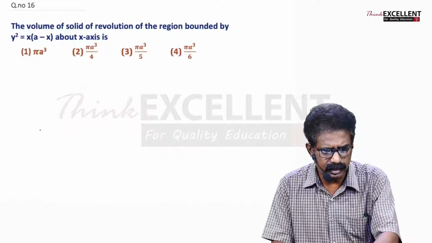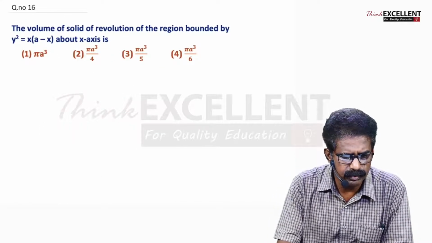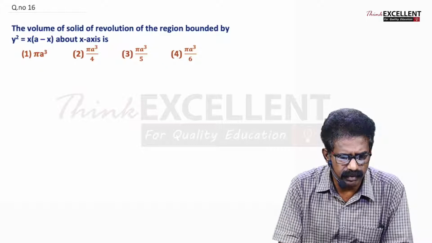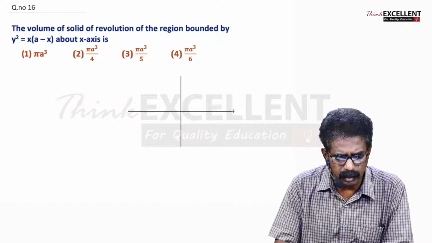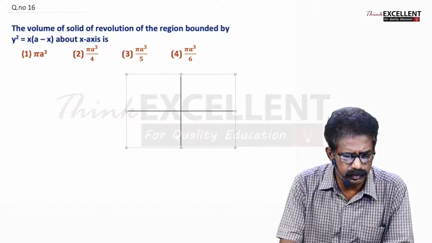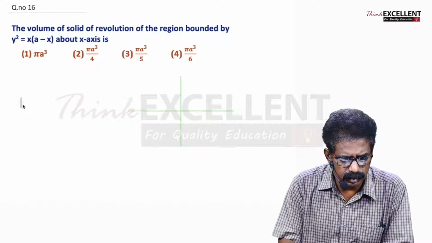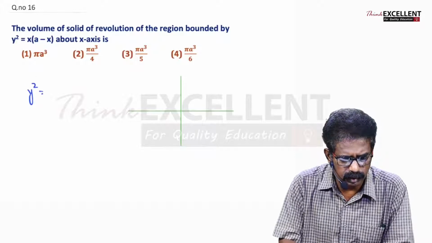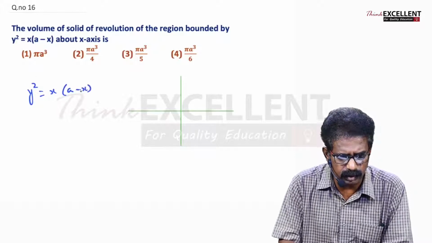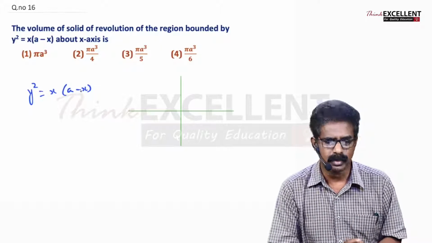Question number 16. The volume of the solid of revolution of the region bounded by y square is equal to x into a minus x. We don't know what type of curve it is, right?